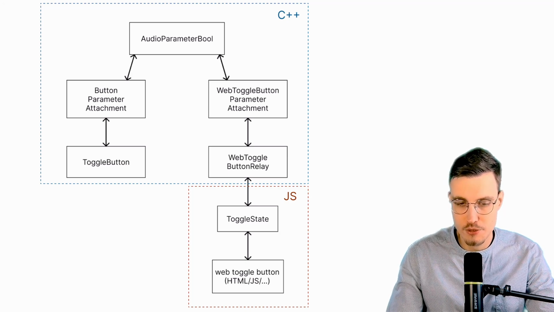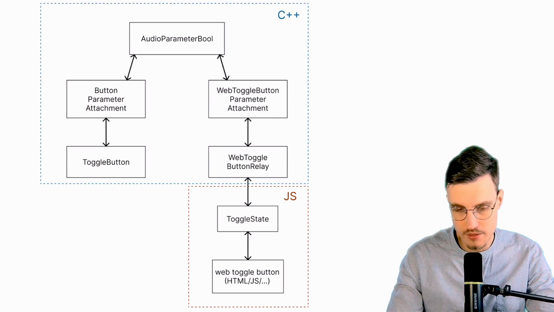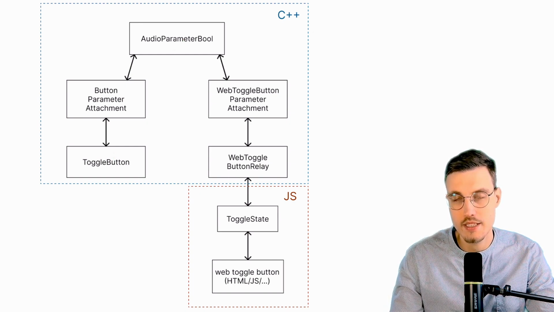In a C++ GUI, your plugin would typically have a toggle button. This toggle button then controls the AudioParameterBool via a ButtonParameterAttachment. What this attachment does is that it keeps these two instances in sync.